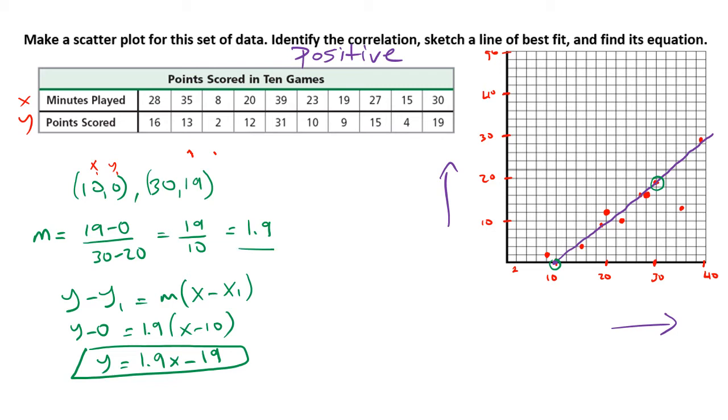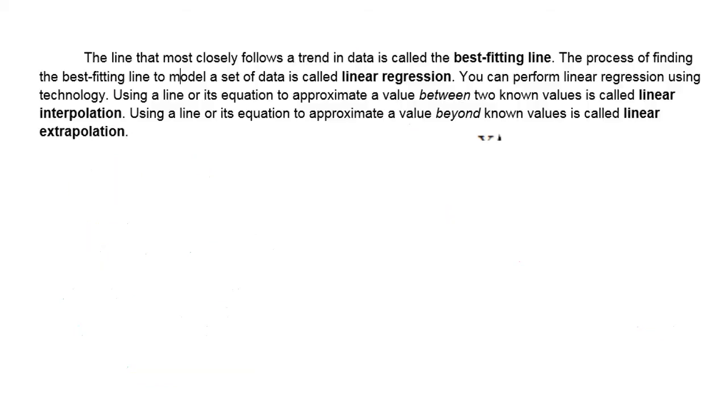We have found the slope, and we have determined a positive correlation, and as you can see with the positive correlation, our slope is also positive. So far, we have found the best fitting line. A best fitting line is the line that follows the trend as close as possible.